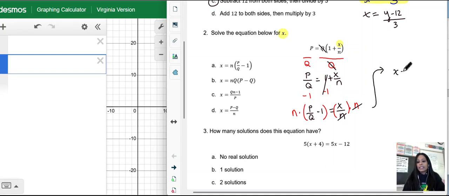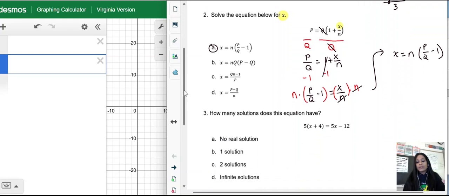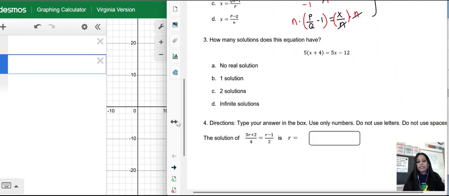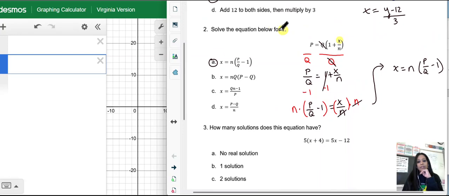So x equals n, parentheses, p over q minus 1. Okay, those are the two problems that I have on here dealing with the literal equations, okay? Equations with many variables where you're solving for one specific variable. It will tell you what to solve for.